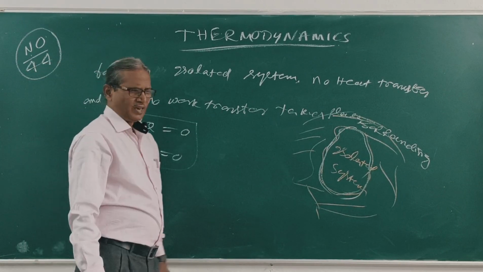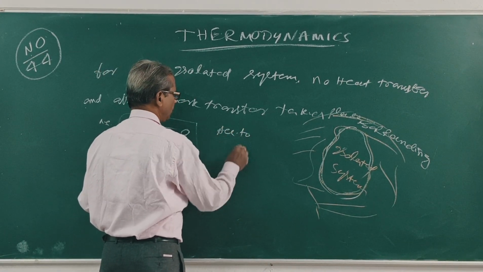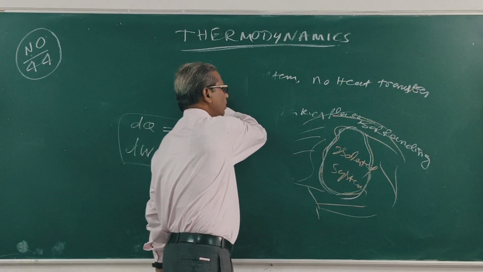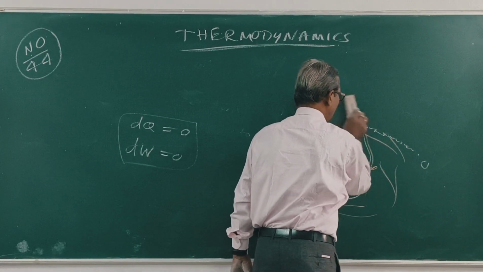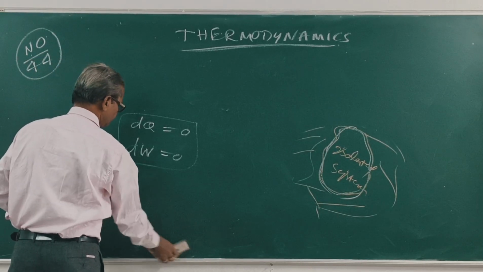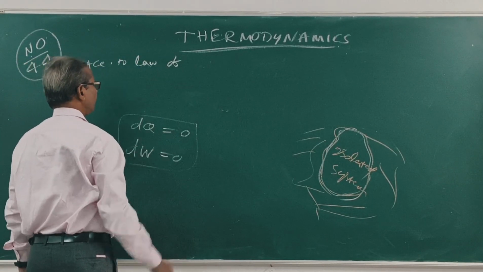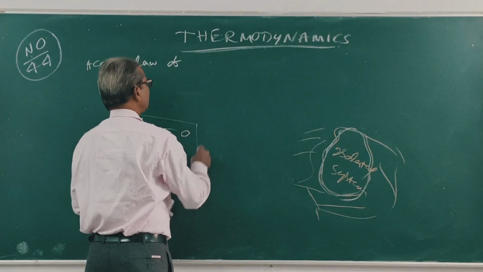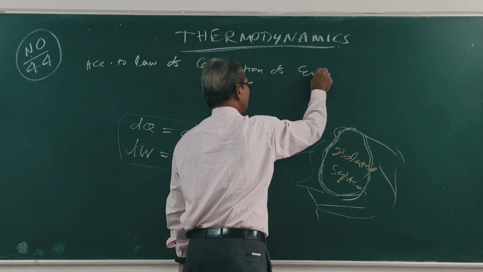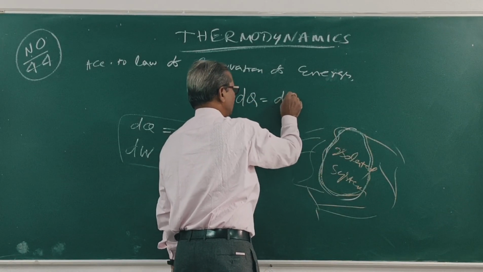Only energy remains constant. According to the law of conservation of energy, dQ is equal to dW plus dU.